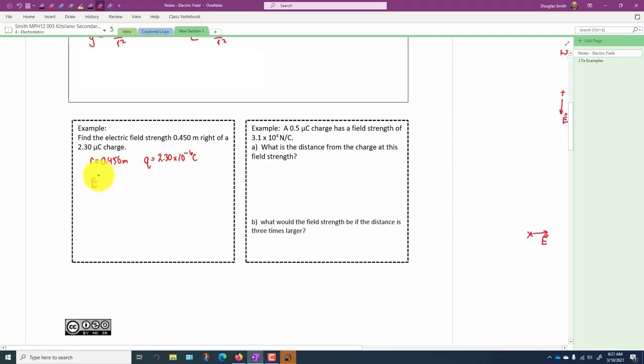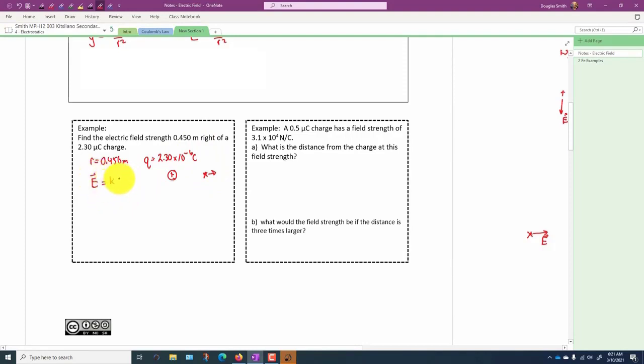Electric field strength. And actually, I'll do a little drawing here. Here's my charge. It's a positive charge. And we want to know the electric field strength there. So if I have a positive charge here and I'm looking at a place there, if I put a positive charge on that X there, it's going to want to move to the right. So that's the direction of the electric field.